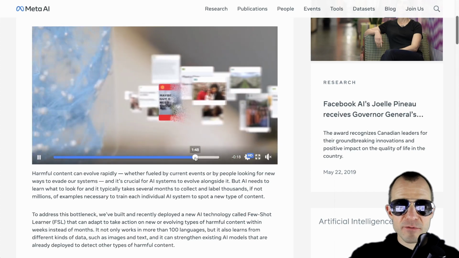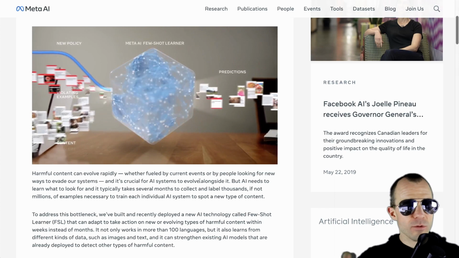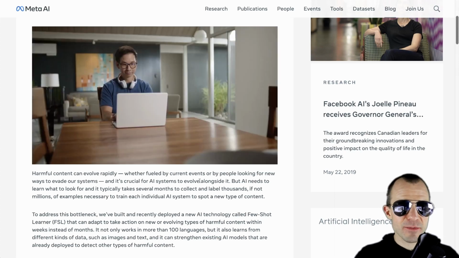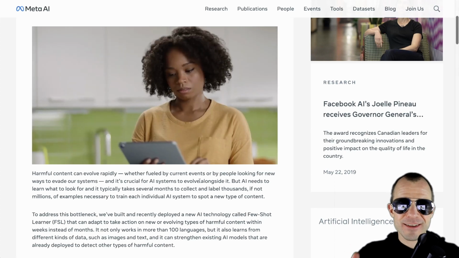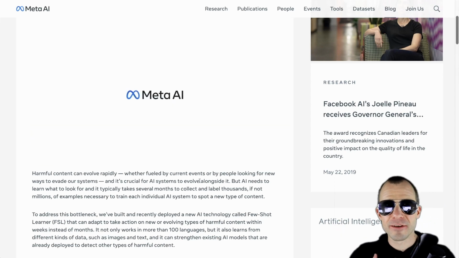So now they filter all of this new harmful content. And then at the end, look what happens. Wow. Everyone's smiling, look, they're smiling, it is so wholesome. Thank you, Meta, thank you. The few-shot learner. Thank God all the harmful content was prevented from destroying smiles.